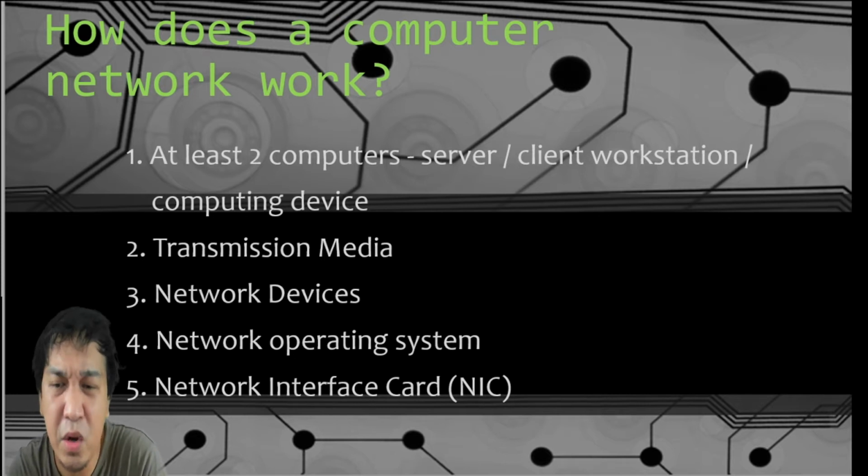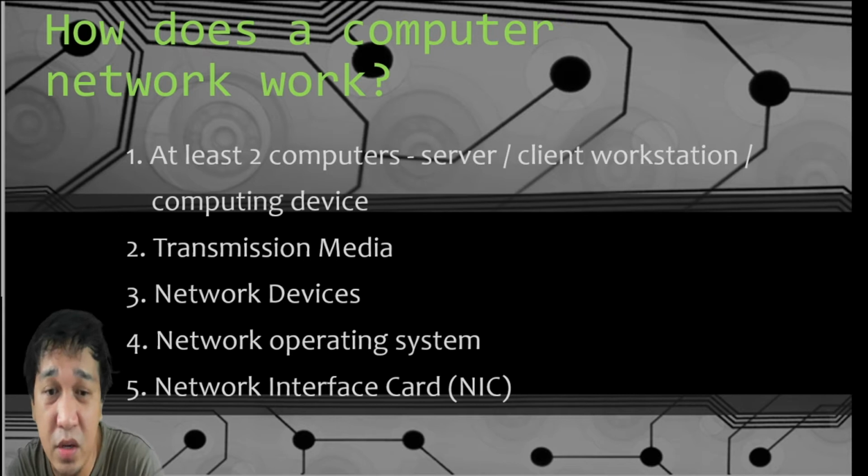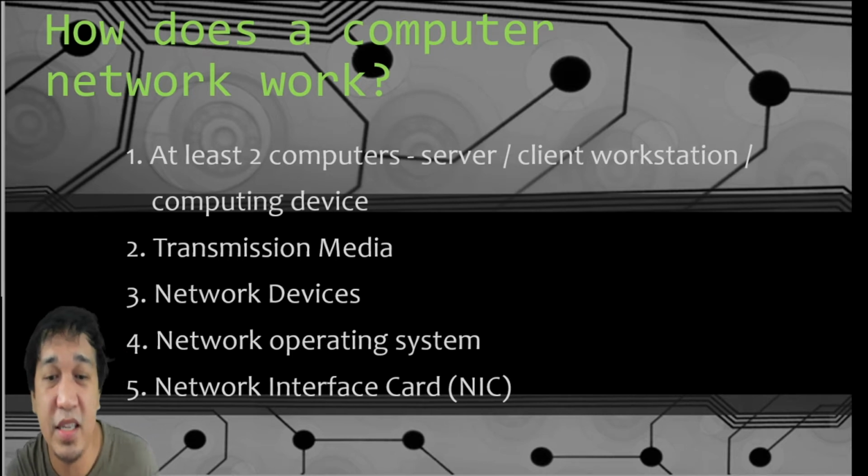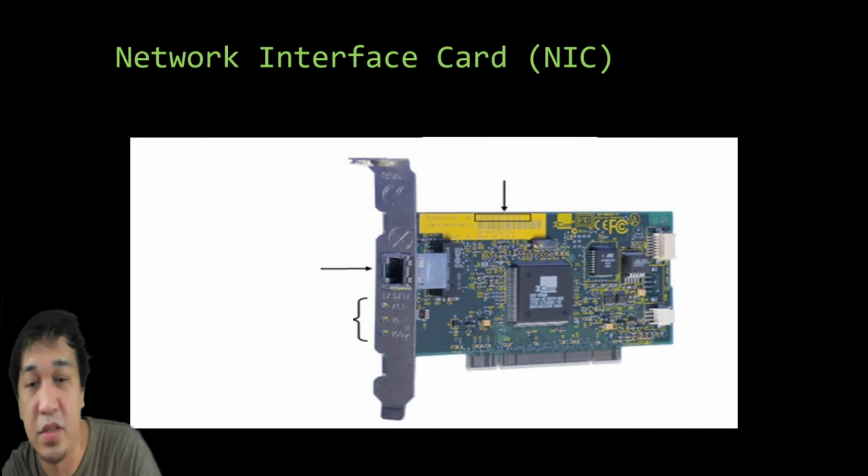Older devices may require an adapter card that can be inserted into an expansion slot or expansion port. The main purpose of the NIC or network interface card is to format the data, send the data, and receive the data at the receiving node. It is either a redistribution point or a communication endpoint.